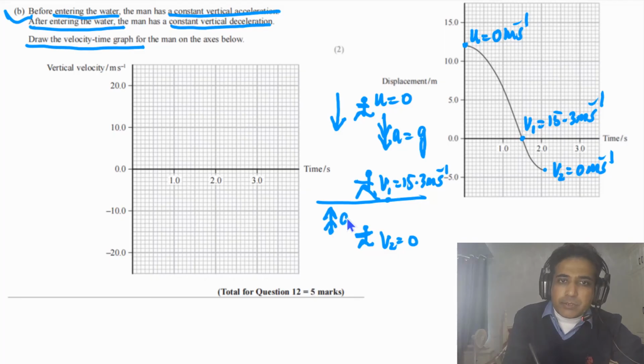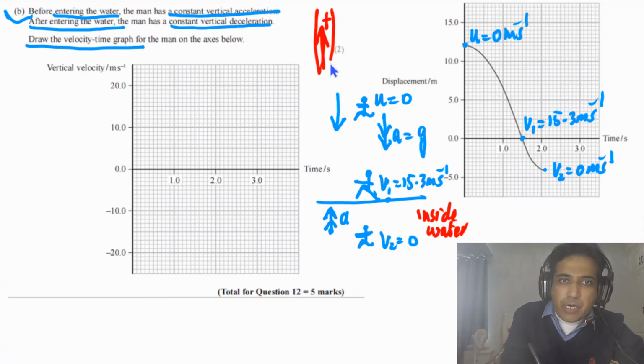So this is the direction of acceleration when the person is inside water. This part is representing inside water. So the direction of acceleration is in opposite directions. By convention, we take up as positive.